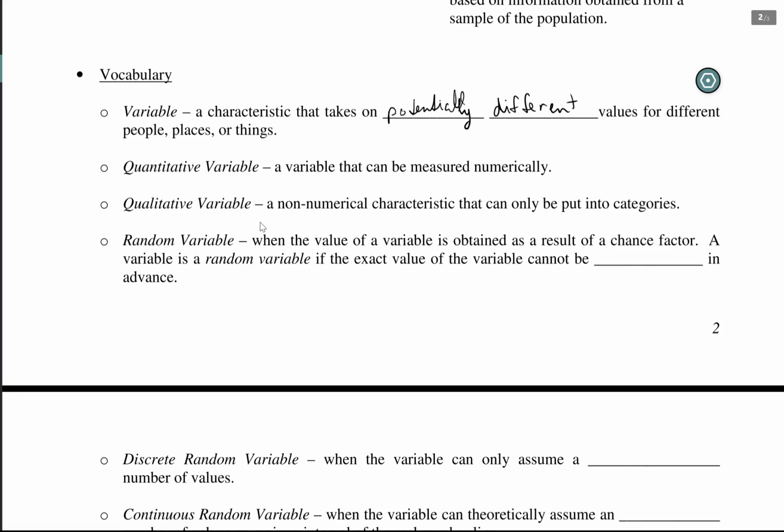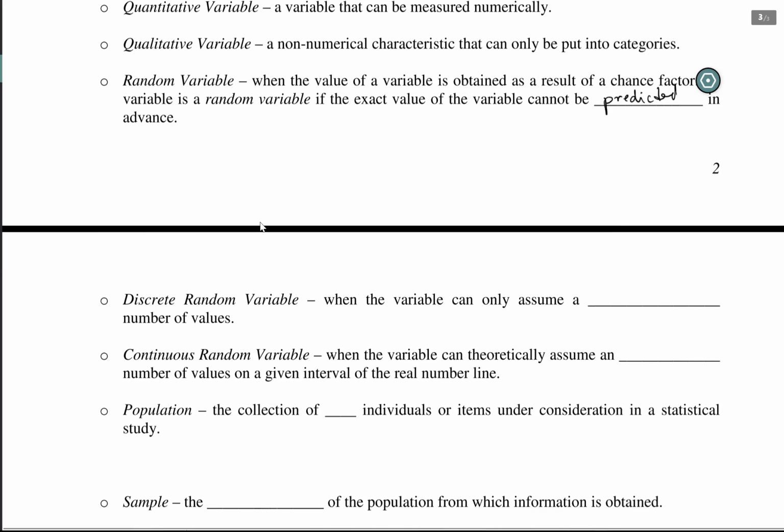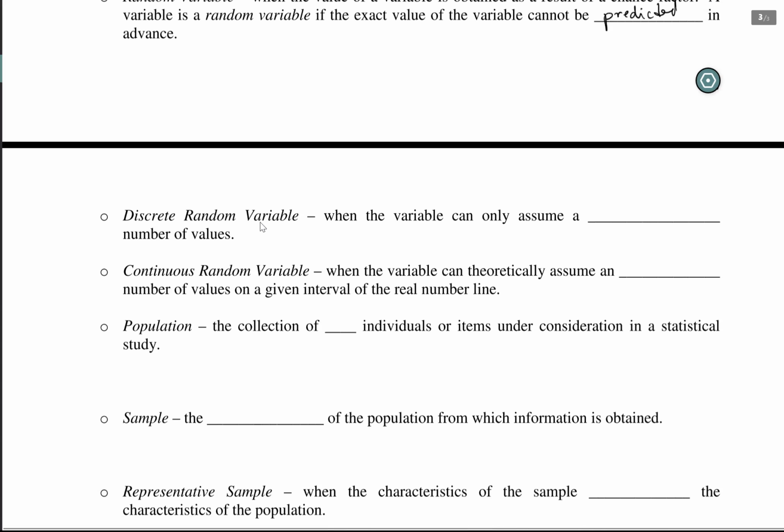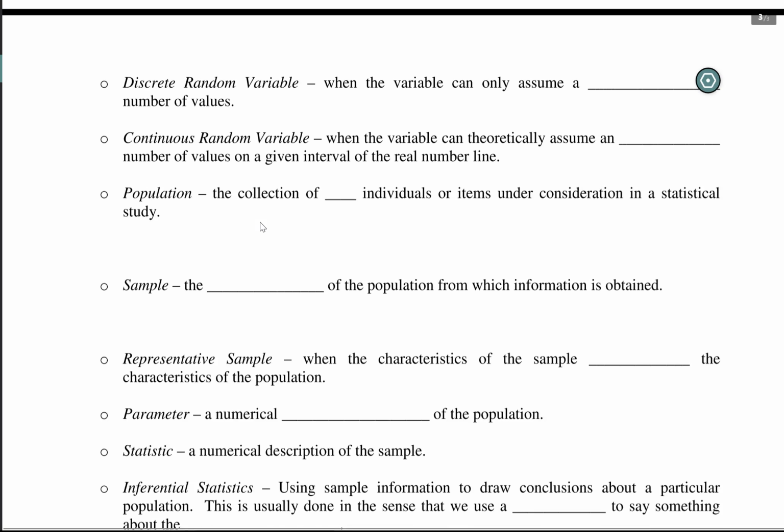Now, when we have a variable and its result is obtained as a result of a chance factor, then we call that a random variable. In particular, we can think of a random variable as a variable whose exact value cannot be predicted in advance. Two kinds of random variables that we have are a discrete random variable and a continuous random variable.